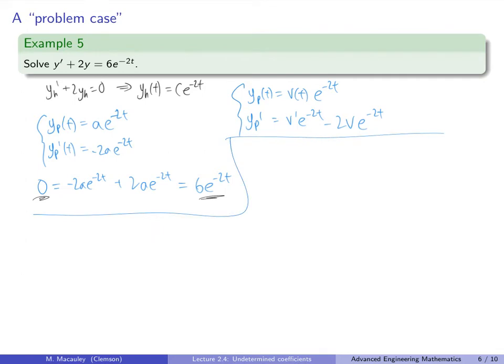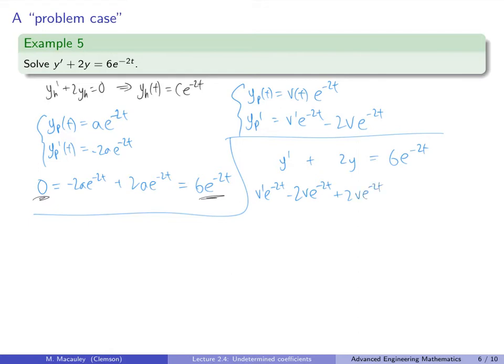So we have y prime plus 2y equals 6 e to the minus 2t. If we do that, we get y prime is v prime e to the minus 2t minus 2v e to the minus 2t, plus 2 times yp, which is v e to the minus 2t.